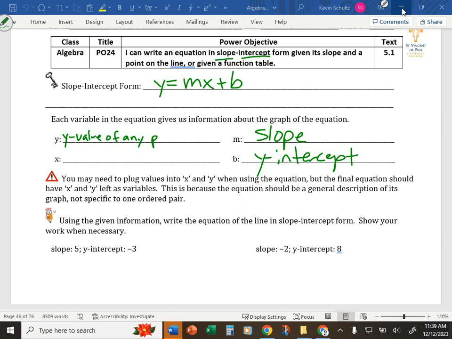Of any point on the line. Kind of, yes. The y variable is the y value of any point on the line. Can anyone guess what the x variable represents? The x value of any point on the line. Exactly.